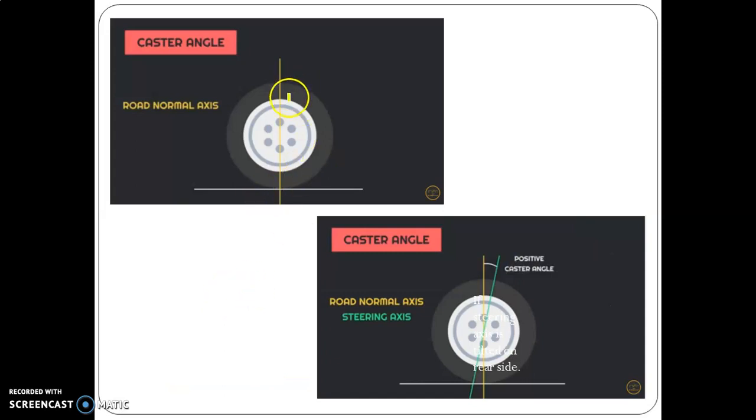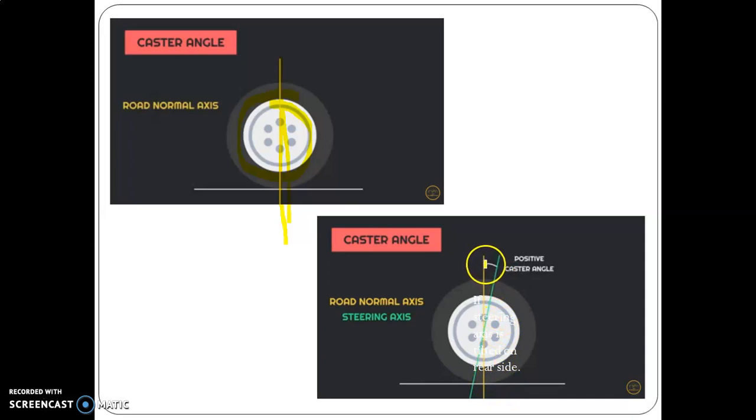So here it shows the normal position of the wheel, and this vertical axis of the wheel is represented in this manner. Now here it shows the positive caster angle, if the wheel is rotating on the rear side.